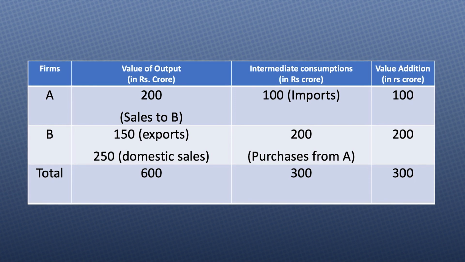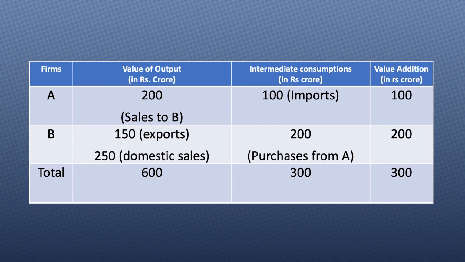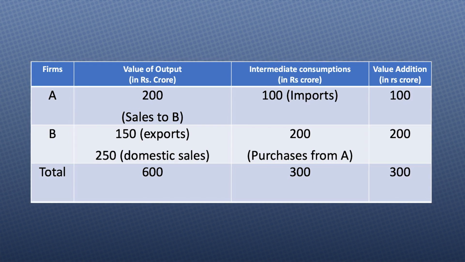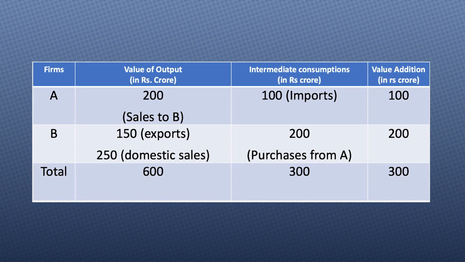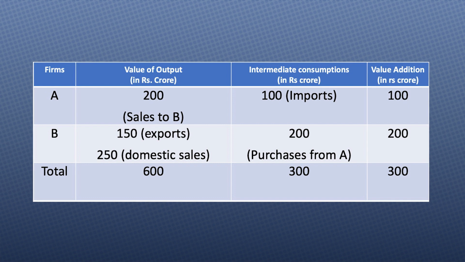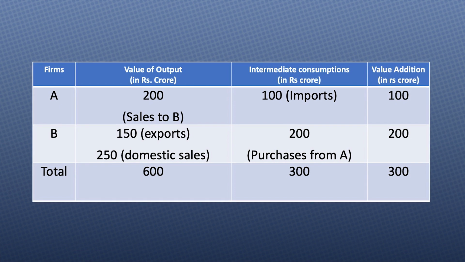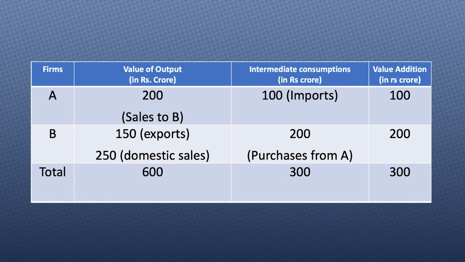In this table, you can see that firm A sells to firm B for rupees 200. This is the value of output of firm A, and firm A imports rupees 100 crores. So, it is the intermediate consumption of firm A, and the difference between value of output and intermediate consumption is value added. So, the value added of firm A is 100 crore rupees.